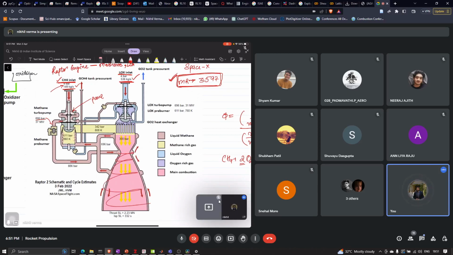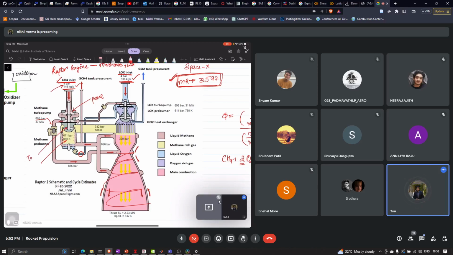This heated methane is fed to the gas generator where it is mixed with a small amount of oxygen, and the temperature is increased, which drives this turbine.